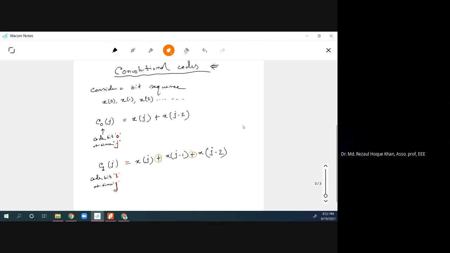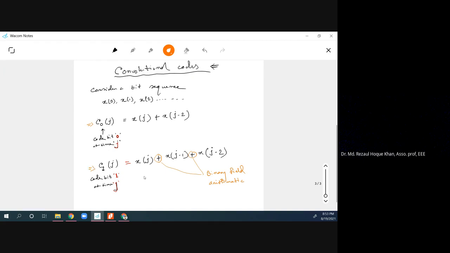Now these are actually binary field arithmetic, or arithmetic operations in binary. What is binary field arithmetic? We will discuss it here. In convolution code we generate code 0 and code 1, right?